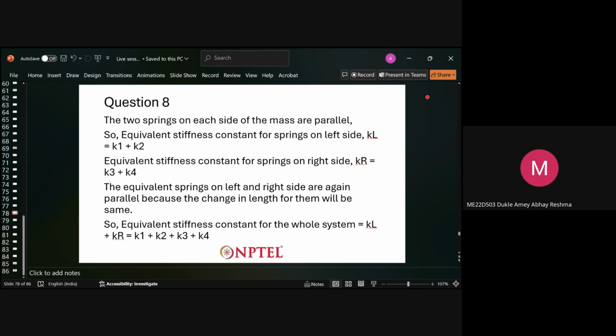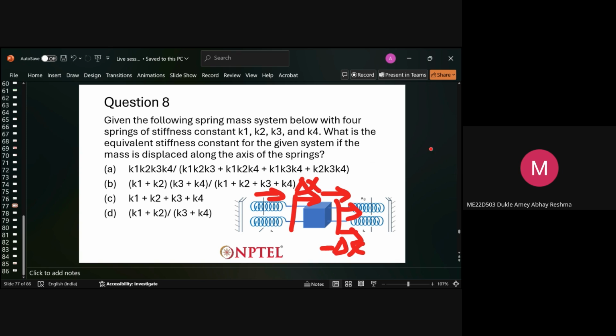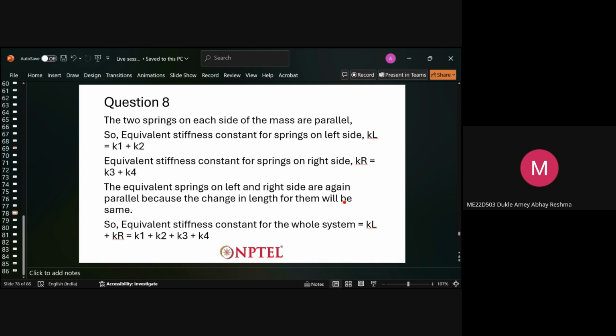Here you can first find the equivalent constants for the left side, then the right side. As I explained, the deflection is the same because it is happening along the same axis. That is why the total stiffness constant is K1 plus K2 plus K3 plus K4.